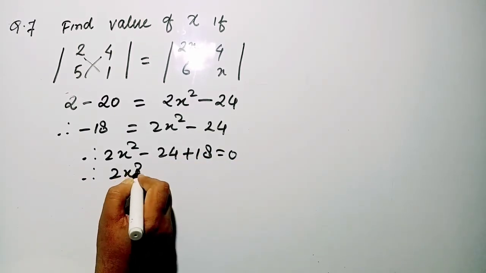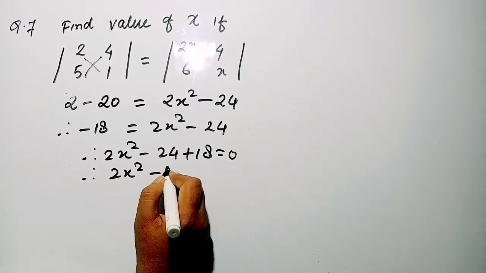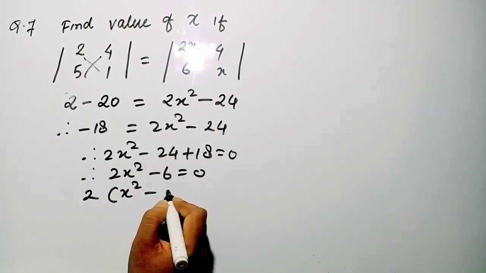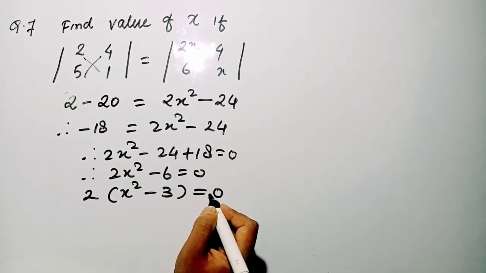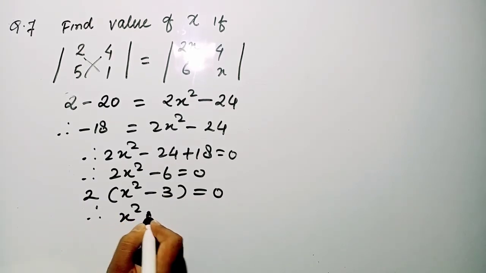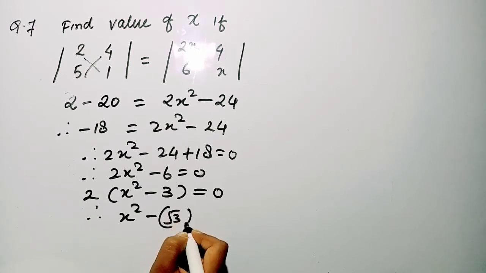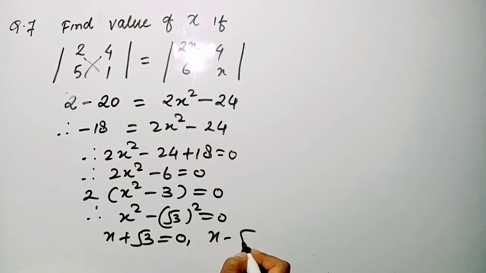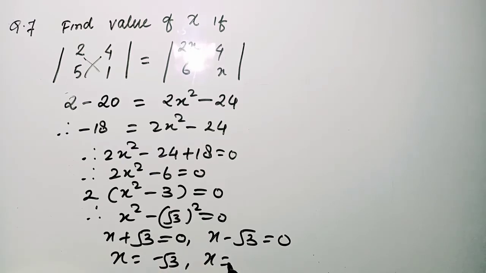So 2x square minus 6 is equal to 0, 2 is common, x square minus 3 is equal to 0. So we can write x square minus root 3 whole square. Now using the identity, one time plus, one time minus, x plus root 3 is equal to 0 and x minus root 3 is equal to 0. So the value of x will be minus root 3, and the value of x will be plus root 3.